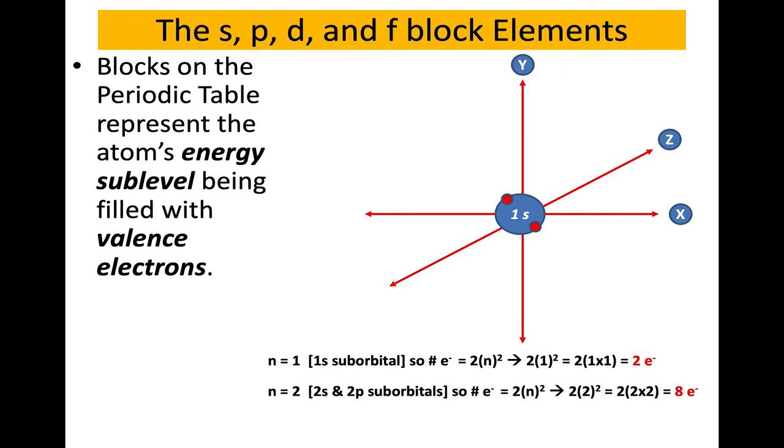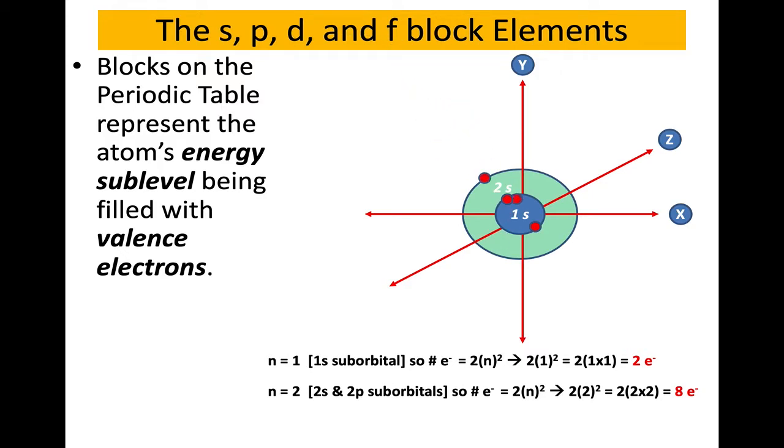If I go to the second row, n equals 2, it has 2 suborbitals, s and p. Putting 2 in for n, 2 squared is 4, and 4 times 2 is 8. So it can hold 8 electrons. Where do they go? In the 2s, because we're on the second row, so I have to go through the s block first.